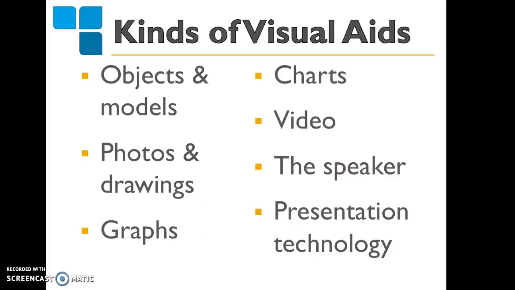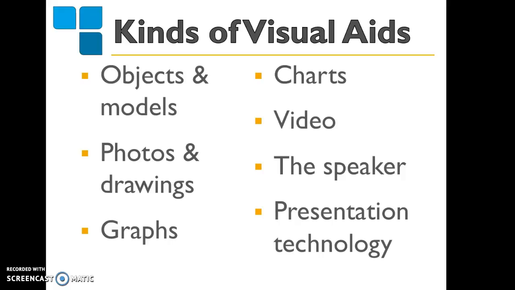So there are different kinds of visual aids I'm going to go over in the next slides. But before I get started with those, I just want to talk about objects and models for a second, because objects and models are in addition to your PowerPoint, not required, but a lot of times objects and models can help enhance what you're informing us on. So props and models, they could be live or inanimate objects that capture attention or illustrate the main points of your speech.